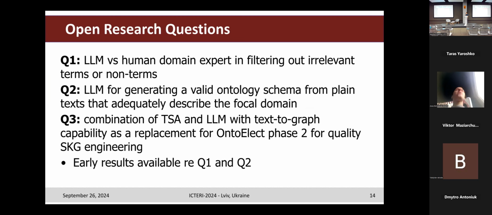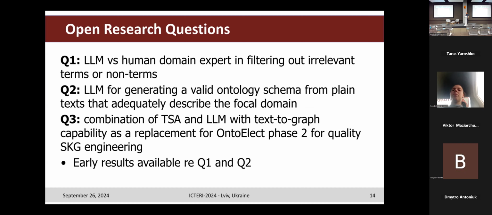Secondly, there has been a controversy in recent papers which reported that LLMs are good for zero-shot knowledge graph completion, but actually are not very good abstract reasoners. So we wanted to answer the question: could an LLM be used for generation of an ontology schema, such as a UML class diagram, from a relevant text of the domain?